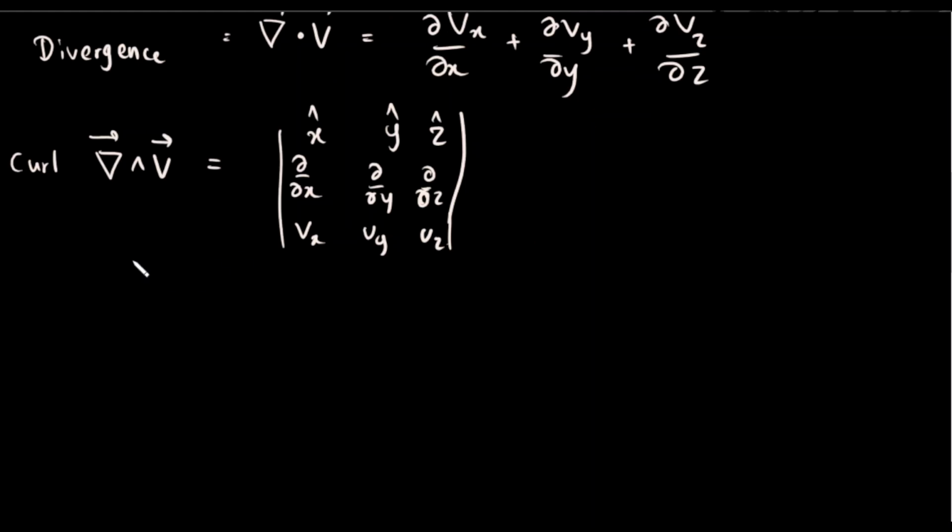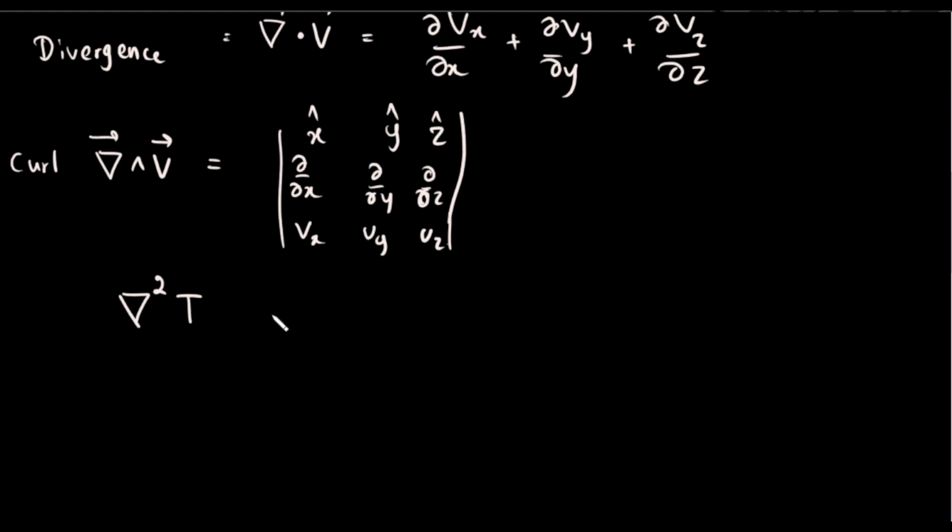Another thing that we mention is the Laplacian. So the Laplacian is denoted like this. If we have a scalar function T, the Laplacian of T is written as del squared T. This del squared T means that we have the del operator squared.